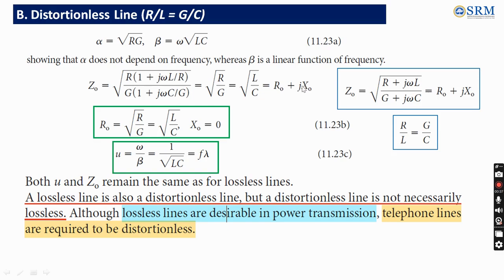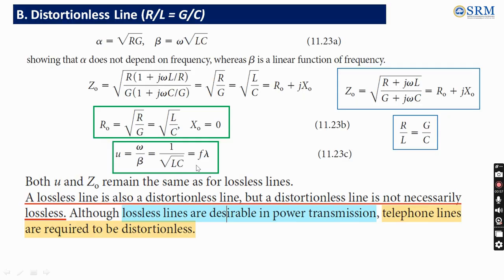The reactance part jX naught is 0 here. The resistance is either root of R by G, or root of L by C.